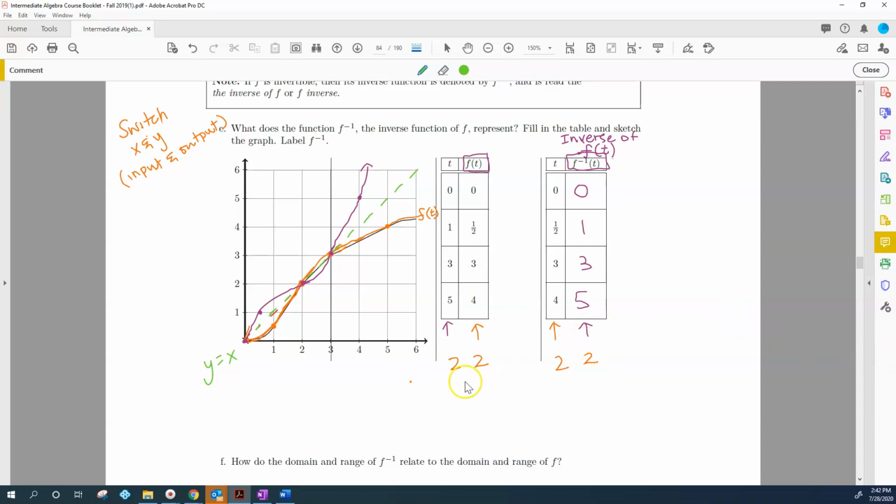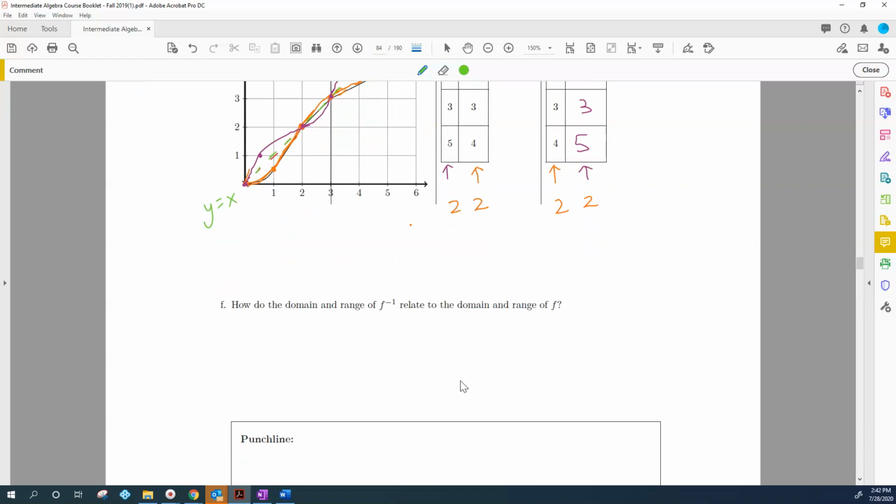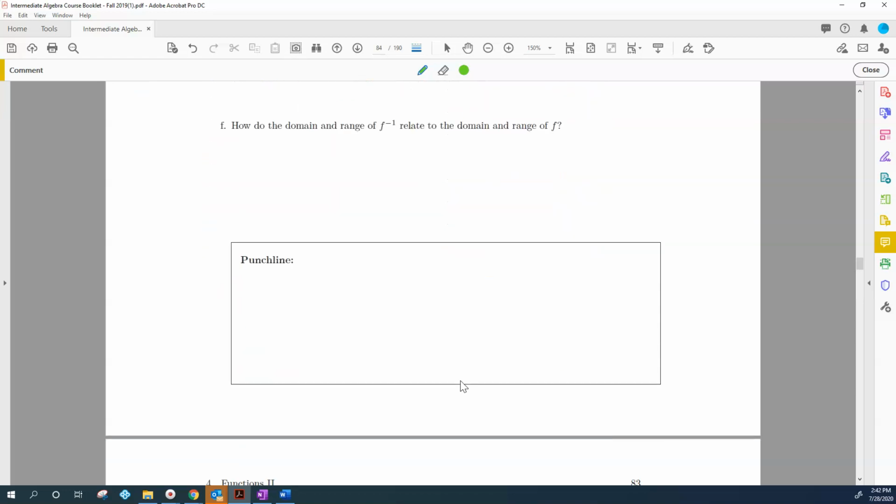Okay, so just a couple of things that I want you to write down in your notes because these are a few things that are important to know here.